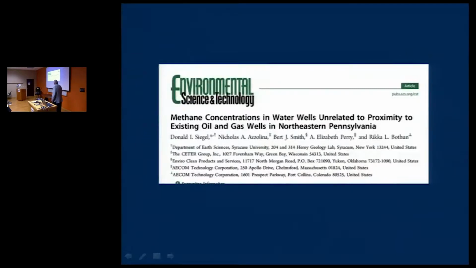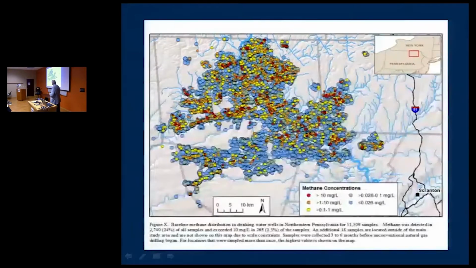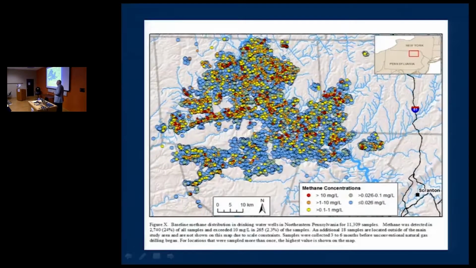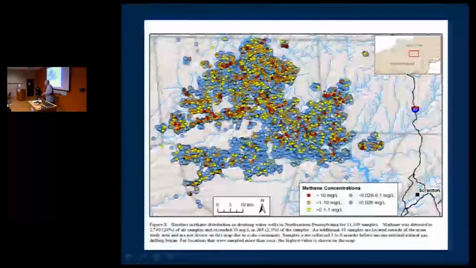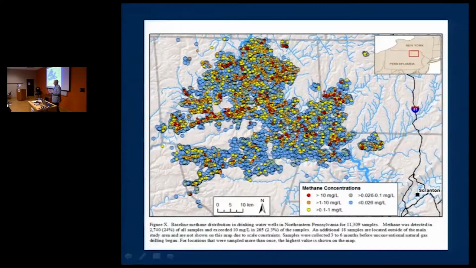And so I published a paper a couple years back where I looked at the methane in water wells in part of Pennsylvania, and I didn't just sample a few wells, 100. The group sampled 30,000 wells. We sampled every well basically in a couple counties of Pennsylvania.